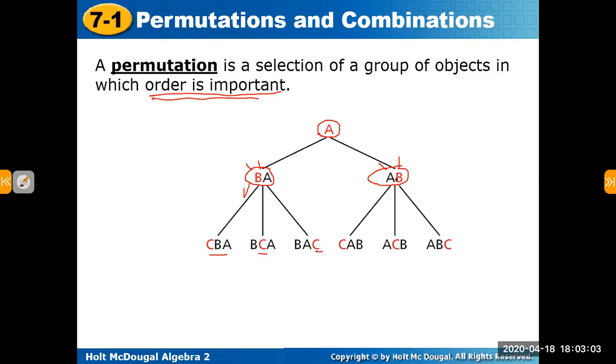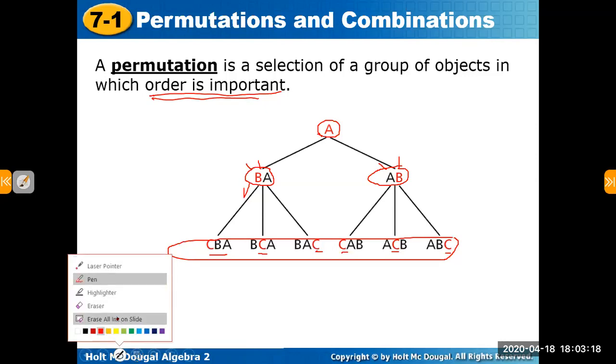And if you start by choosing A first and then B, then again you have 3 more choices here. So a total of 6 choices are available if you have 3 objects.